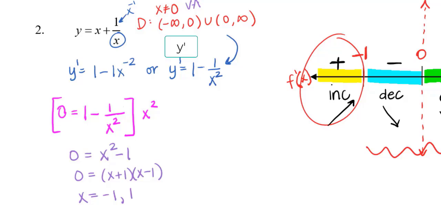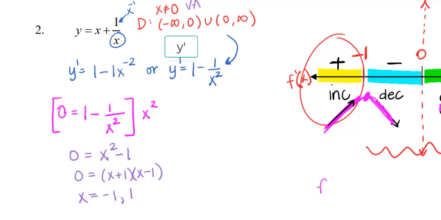Now again, we are talking about behavior when I'm looking for relative max and relative min. I increase to a maximum and decrease out, so that point at x equals -1 should be my relative maximum, and my relative minimum then should be at x equals +1, because I decrease to a minimum and increase after. So let's find those y values.